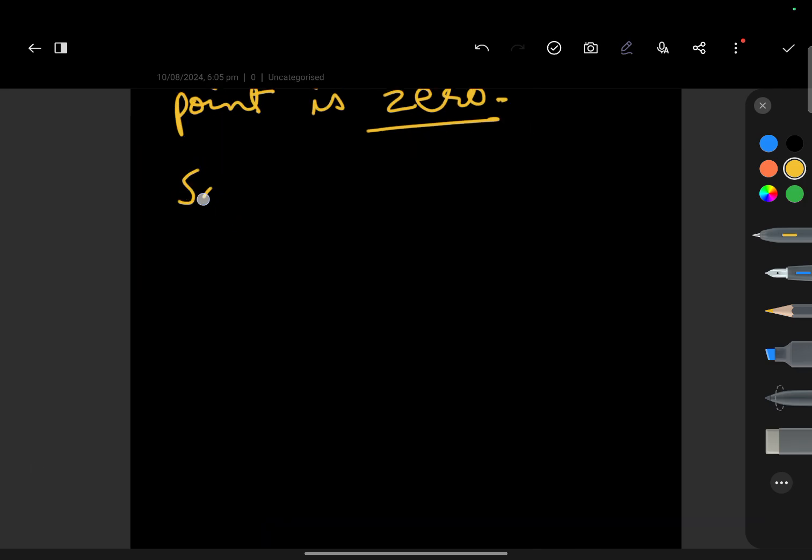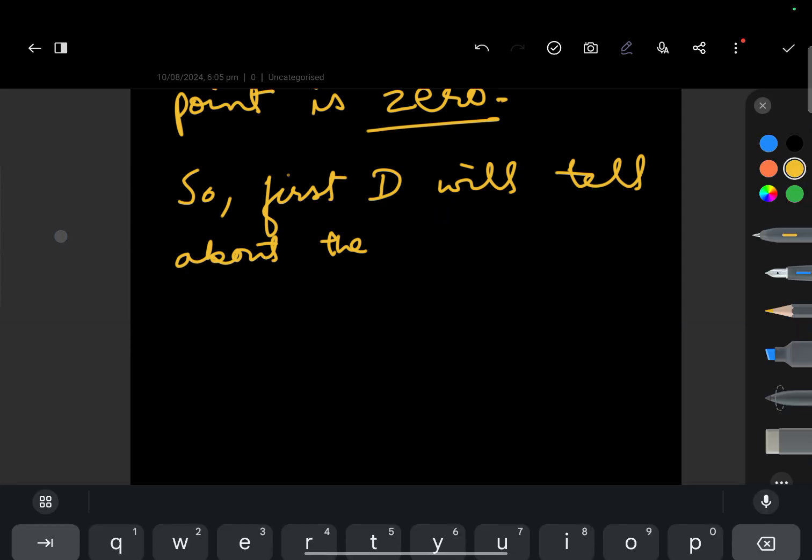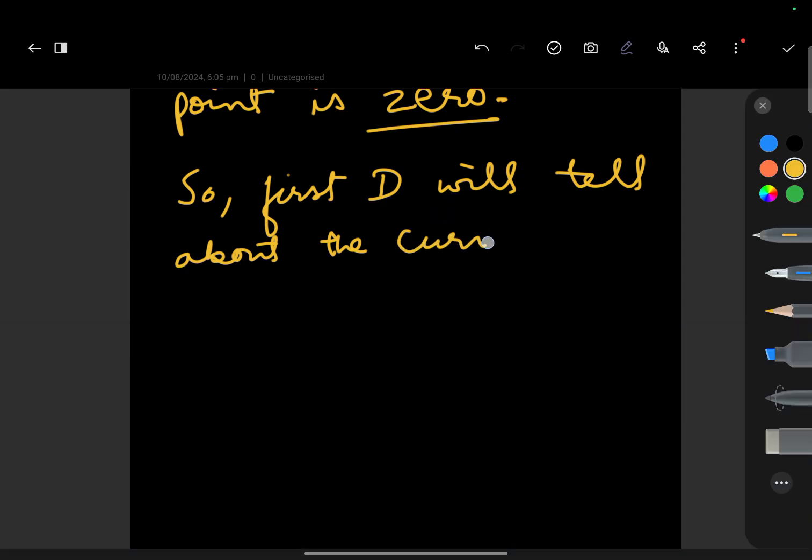So we can say that the first derivative tells about the curve, whether it falls or rises, meaning the slope of the curve.